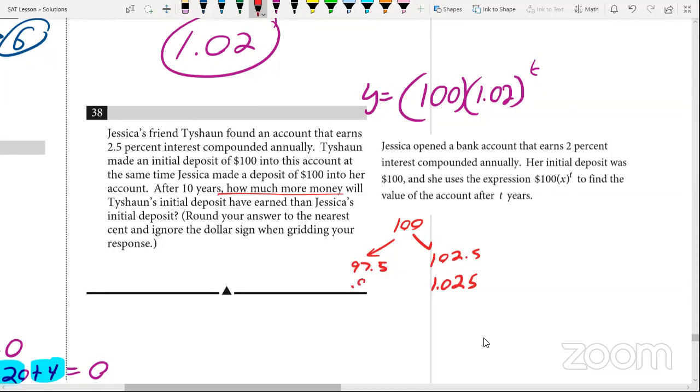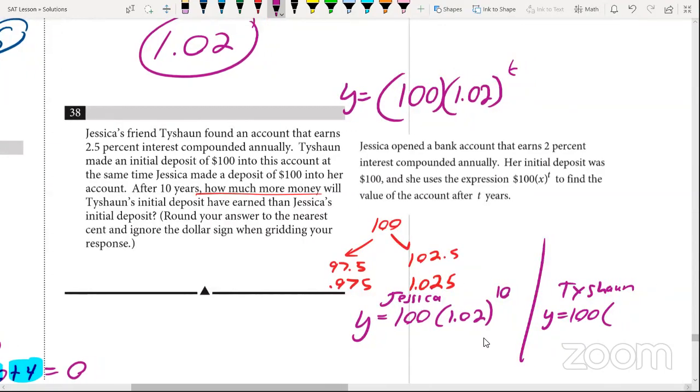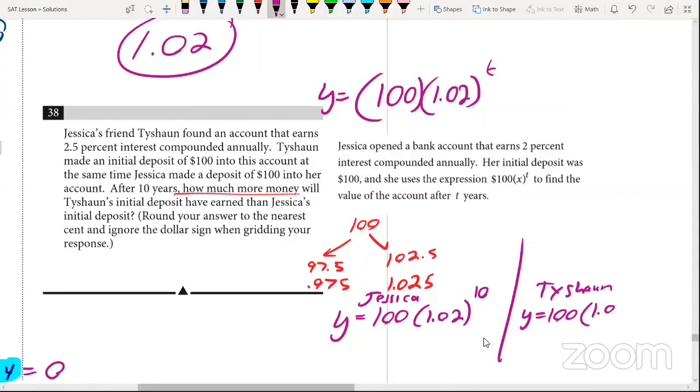Or if we were taking away 2.5, it'd be 0.975. So for Jessica, we have the same thing we had before, 100 times 1.02 to the 10th. And for Taishan, it's the same thing, but the number we're multiplying by is 1.025 now, to the 10th because this is happening 10 times over 10 years.